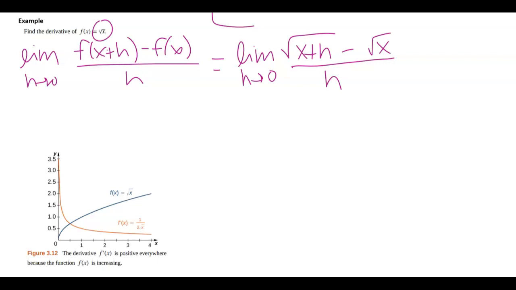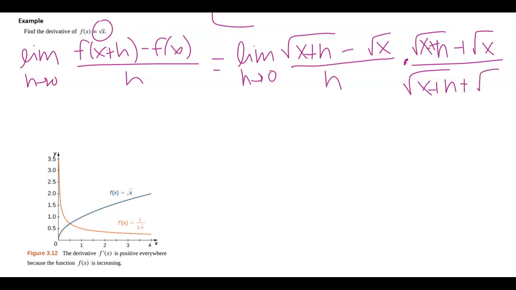And if I plug in 0 right now, I would have some issues. Whenever we have square roots, remember I have to multiply by the conjugate. And when that happens, I get rid of the square roots in the top. That is the magic that happens here.